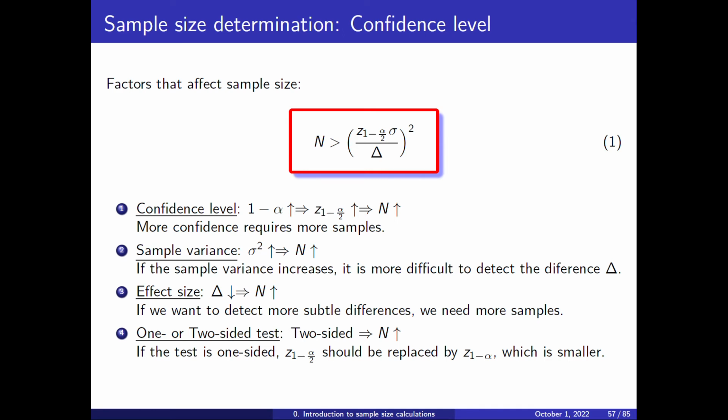And then there is a technical concept here, that is whether you are doing a two-sided or one-sided test. So in the two-sided test, you need more samples. The reason is that the more information you put into the system, the fewer samples you need to test.